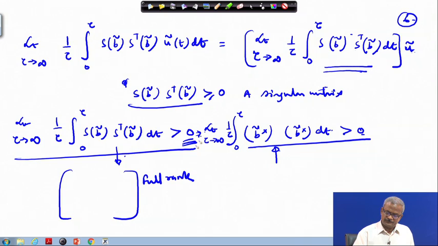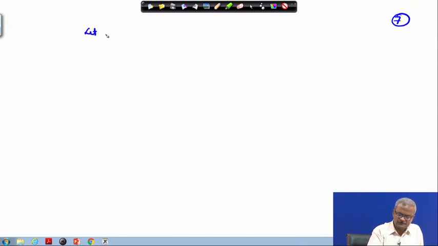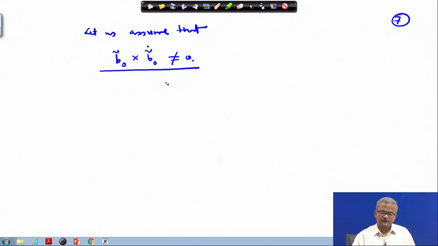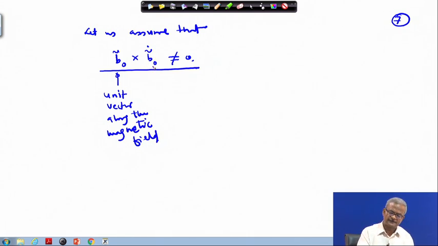So, for this purpose, now let us assume that B 0 tilde is the unit vector along the magnetic field, and this is a cross product taken with B dot 0.